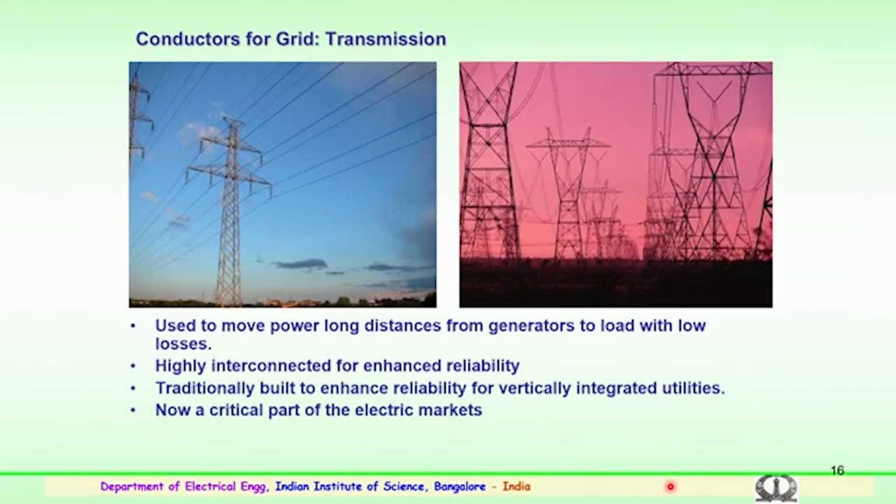And this grid transmission is highly interconnected, mainly to enhance the reliability of transmission or distribution. Traditionally the grid transmission is built to enhance reliability for vertically integrated utilities, and now it is a critical part of the electrical market. So, proper planning is very important when choosing the conductors for EHV and UHV transmission.